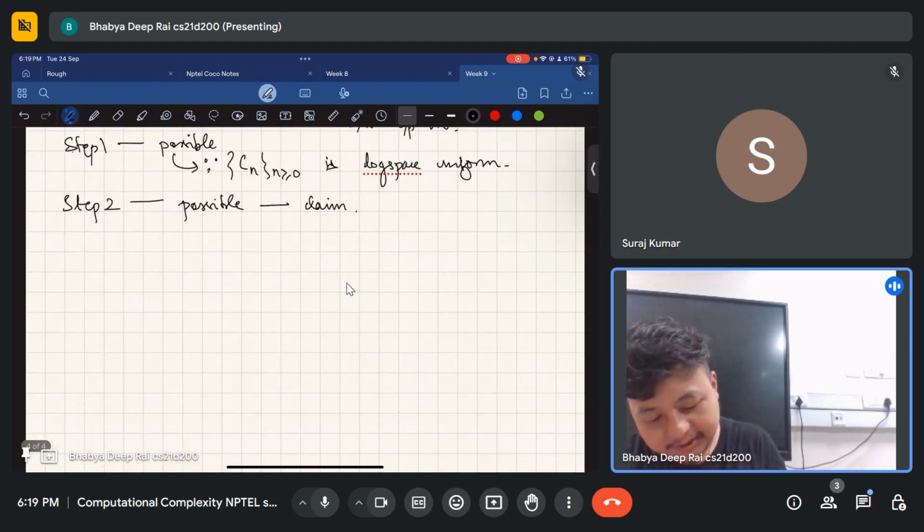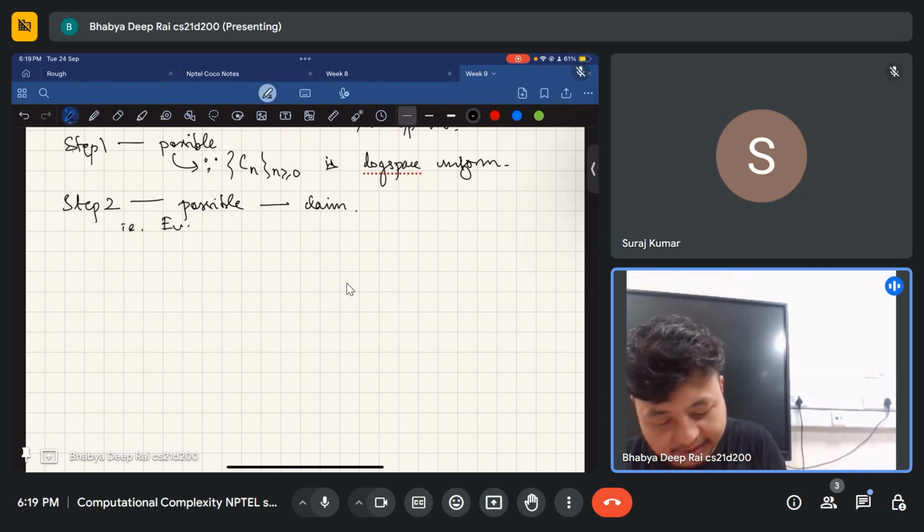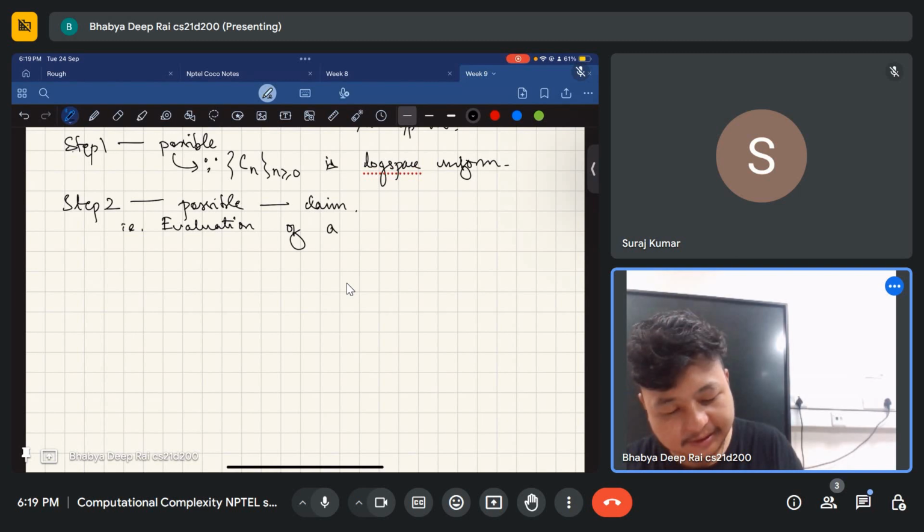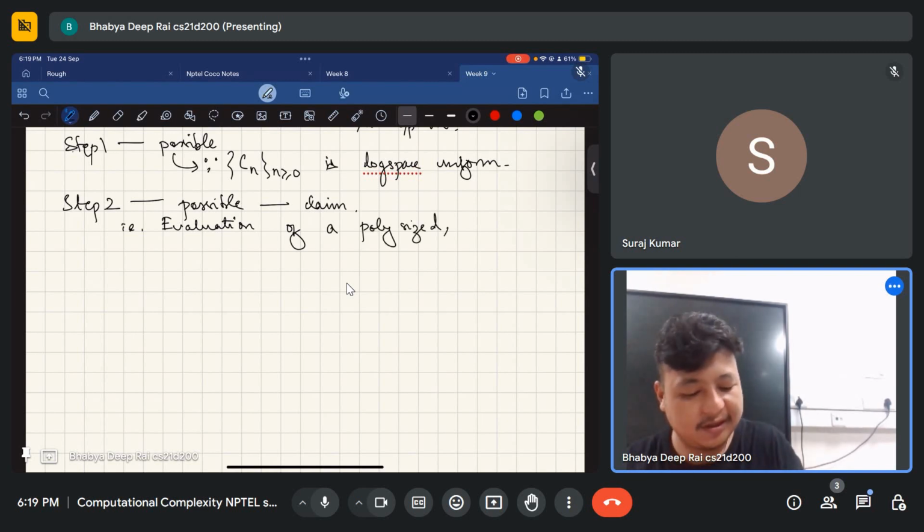So that is the evaluation of a poly-sized bounded fan-in, not unbounded, sorry.